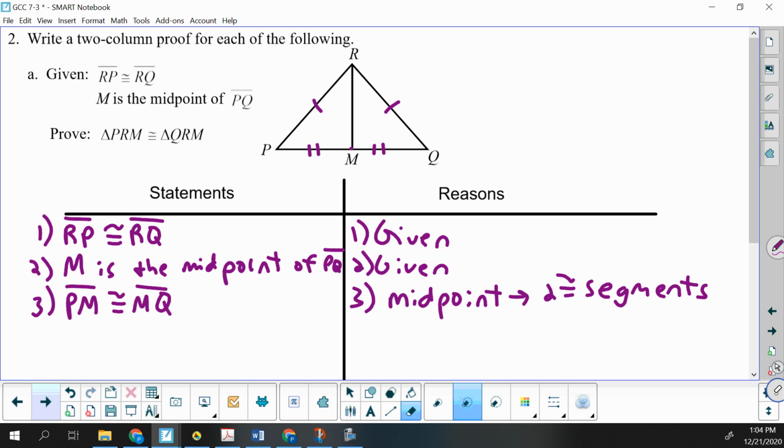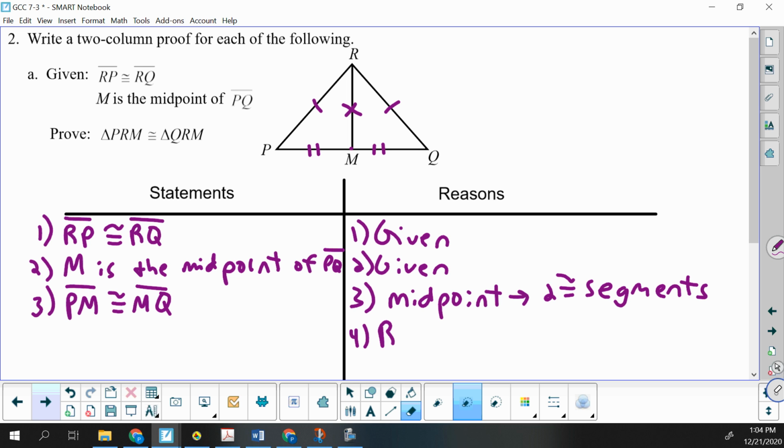We've used up all of our givens, but we don't have three things yet. Just like we did in the other ones, look for vertical angles or the reflexive property. They are sharing RM, so we can do our reflexive property.